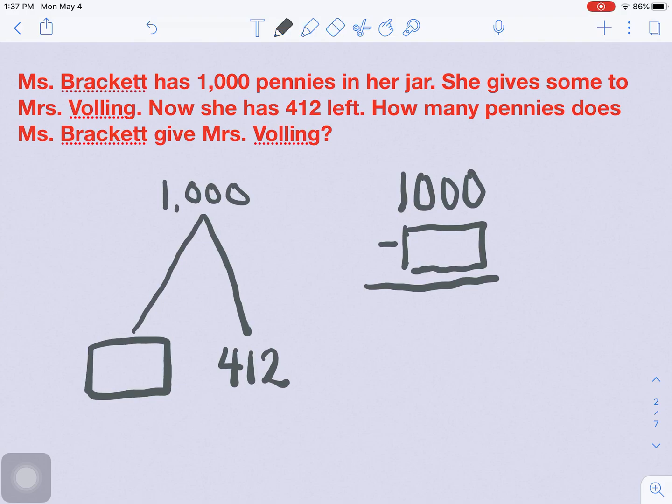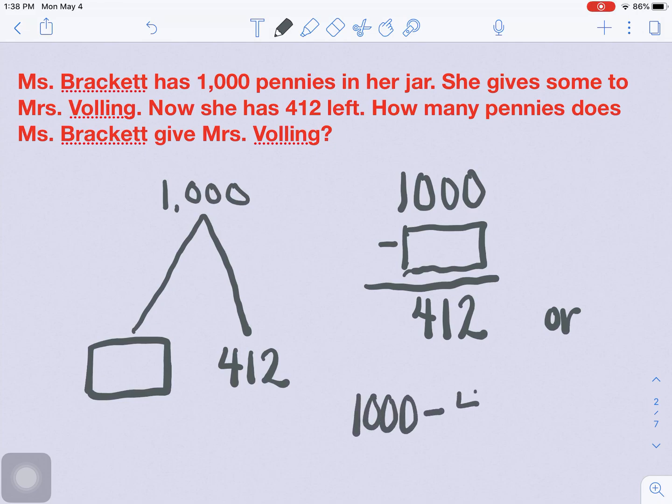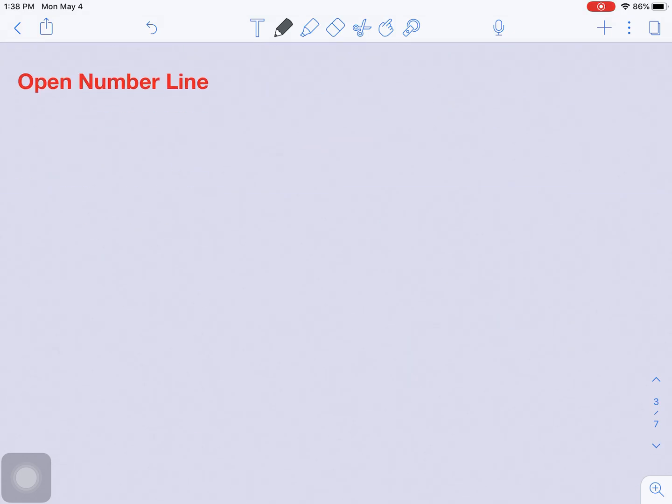Make sure you keep your numbers lined up. Or I could write it as 1,000 minus 412 equals unknown.